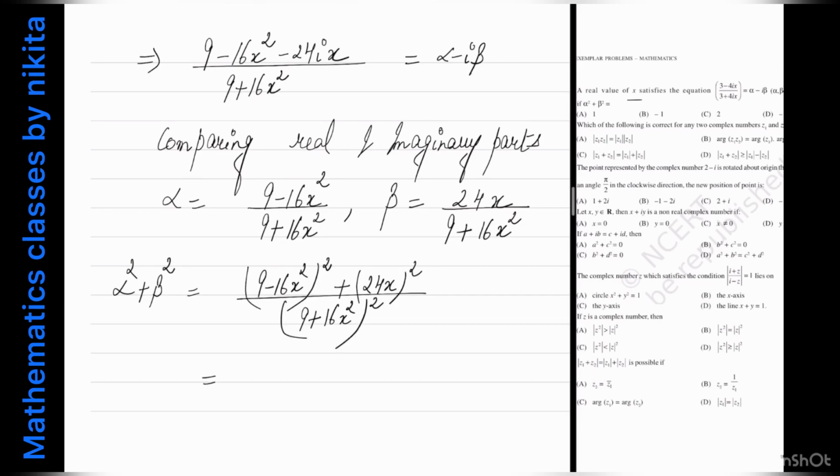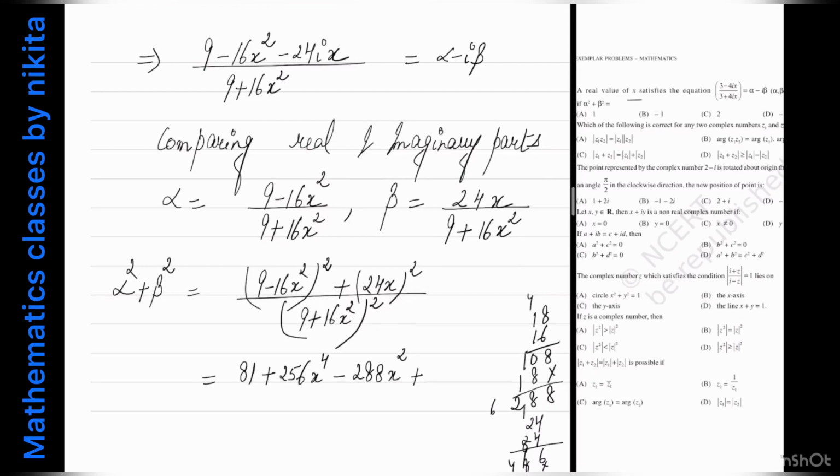Now just open the square in the numerator. So what you will get? 9 9s is 81, then plus 256x to the power 4, then minus 2 times 9 is 18, and 18 into 16 is 288, so minus 288x square, then plus 24 into 24, which is 576.